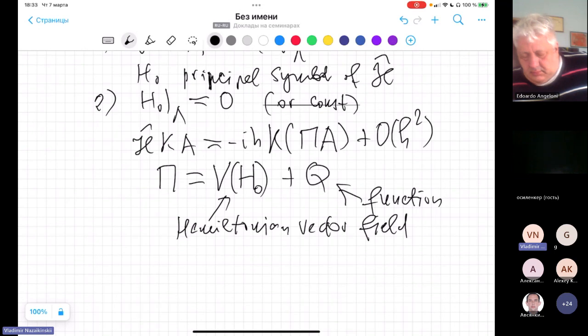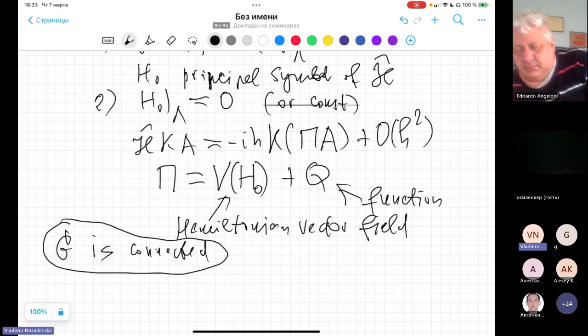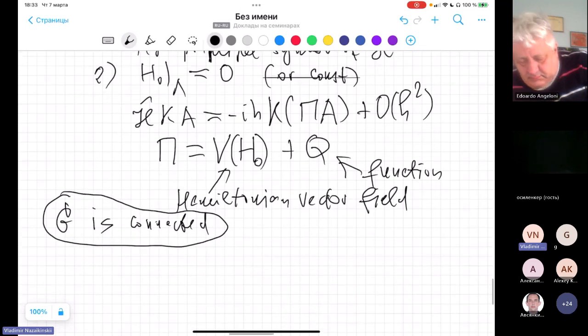Well, we will assume that the group G is connected. This is the case which is of interest to us.